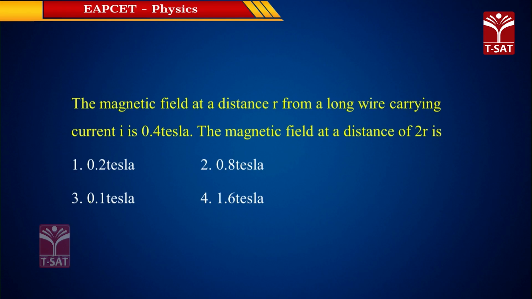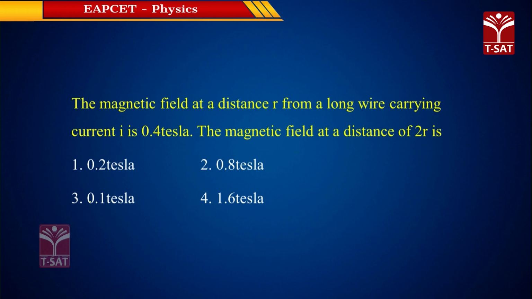And here the magnetic field, next question. The magnetic field at a distance R from a long wire carrying current is 0.4 Tesla.